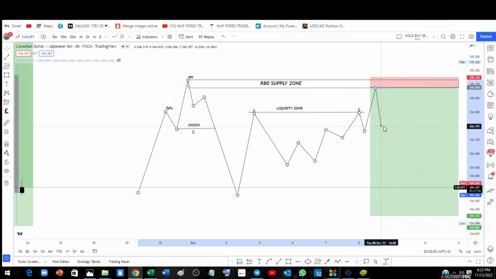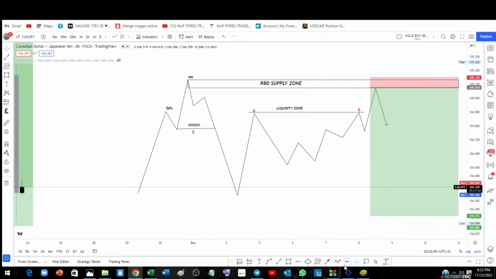So let me just do this. The market did drop like this, and then went a little bit up for a retracement, and then did what? Dropped even further. Very important right there. How you manage this particular trade will determine how much profit you're going to get from here. So it's extremely important.